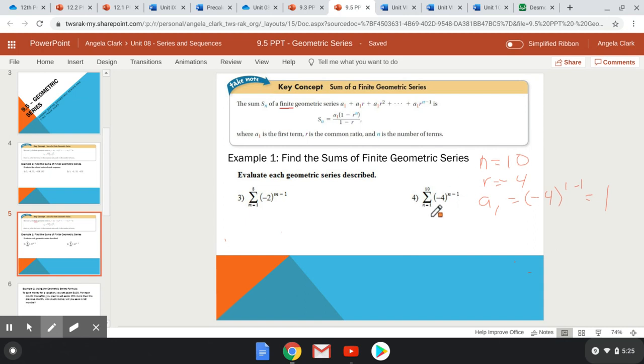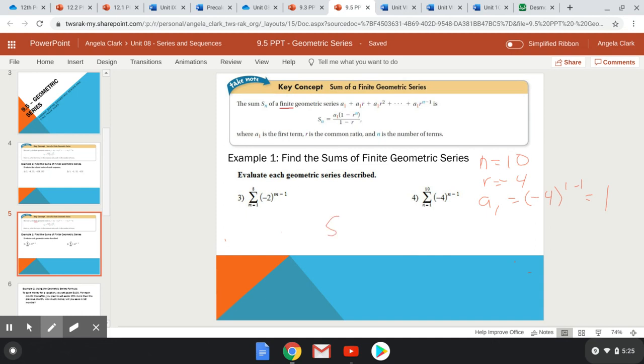Again, if you have a formula in this form, it should be the number out here, so we could have predicted that A1 would be 1, but I wanted to show you the formal way. So we have all of our pieces, and now we can use our formula.